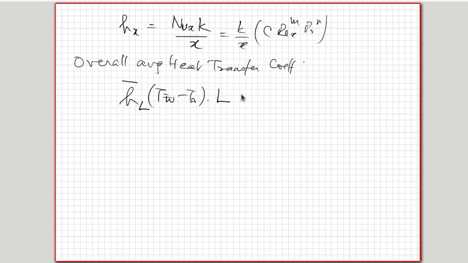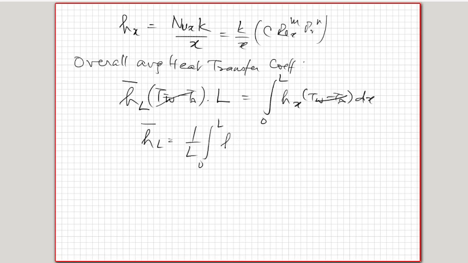This will be equal to the integral of Hx into (T wall minus T infinity) dx from 0 to L. So if I cancel out T wall minus T infinity, being a constant, you will get H bar L is 1 over L integral from 0 to L of Hx dx.